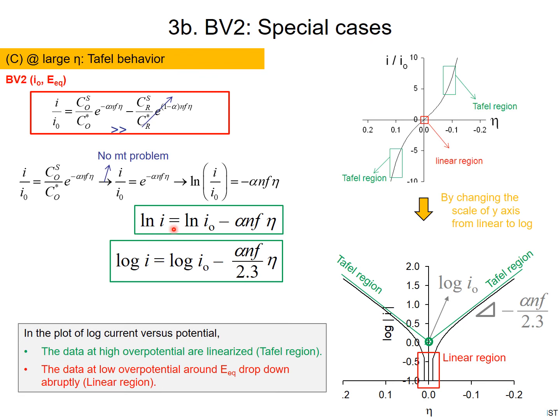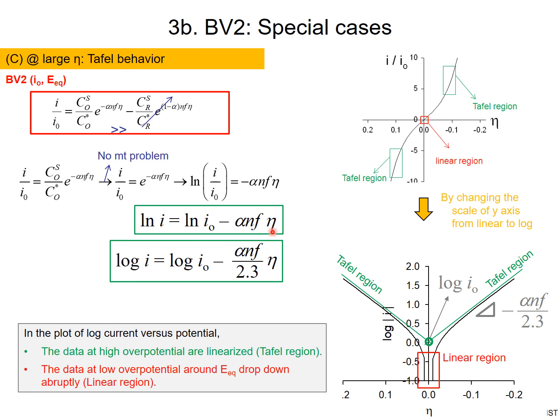Or, log current is log exchange current as the y-intercept, minus alpha nF as the slope with the potential. That is to say, log current is proportional to potential at high potential, I mean large overpotential, while current is just proportional to the potential at low or small overpotential.